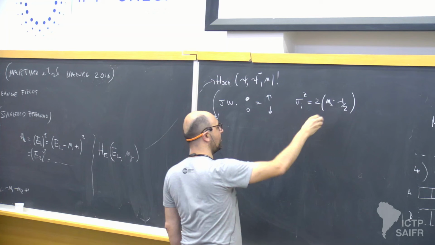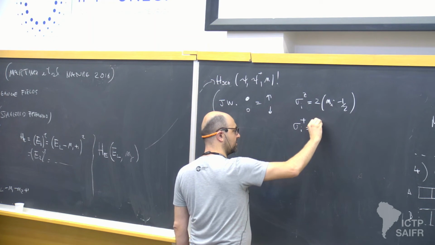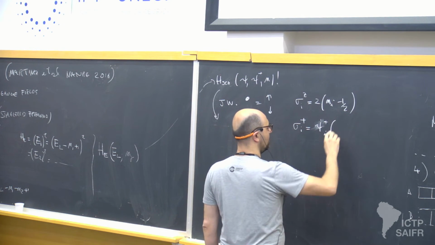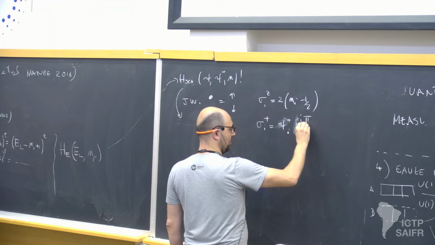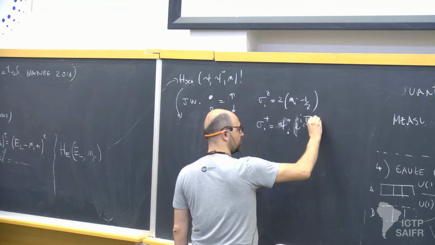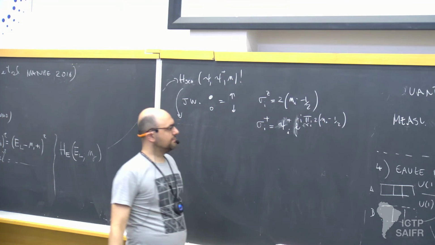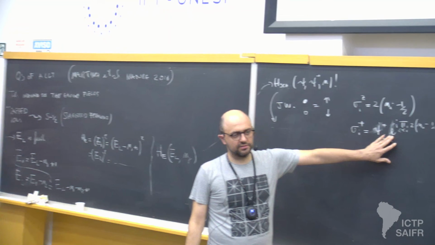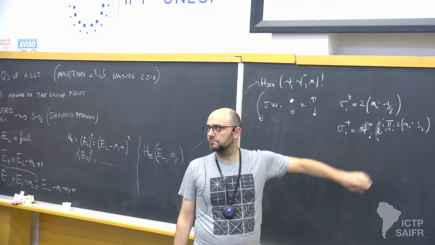And this is a simple relation, but if you look at S plus, this is psi dagger i times a Jordan-Wigner string, e to the i pi sum over l smaller than i of (Nl minus 1/2). And the reason why you get this string is because it has to take care of the fermionic statistics.